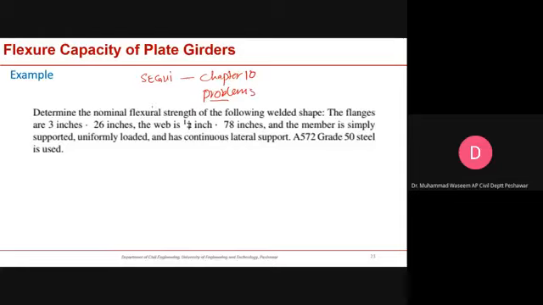It says that you have to determine the flexure capacity or the flexure strength of a welded shape. Welded shape means it's a plate girder.